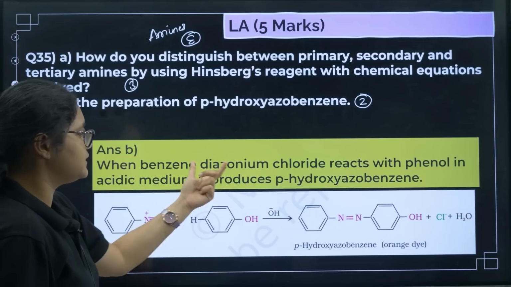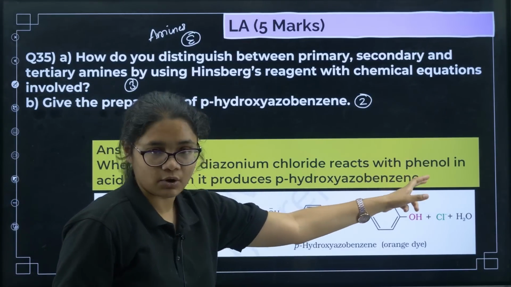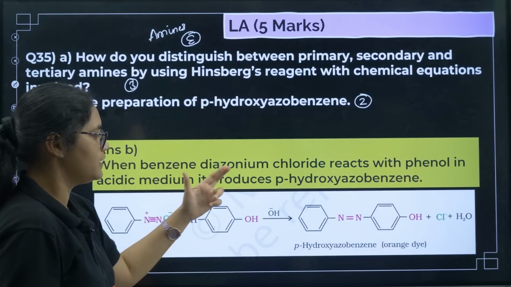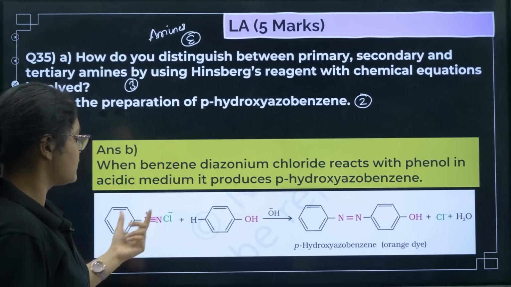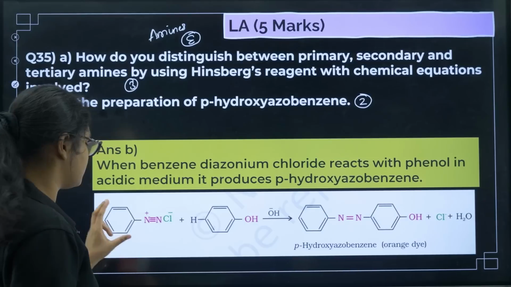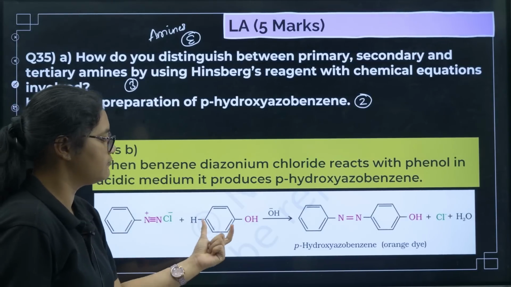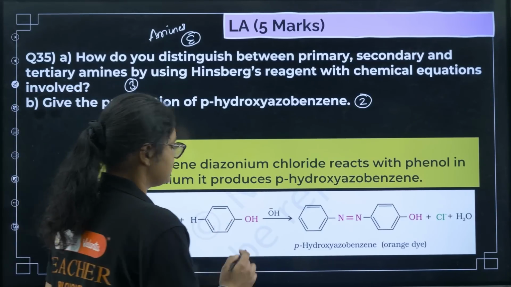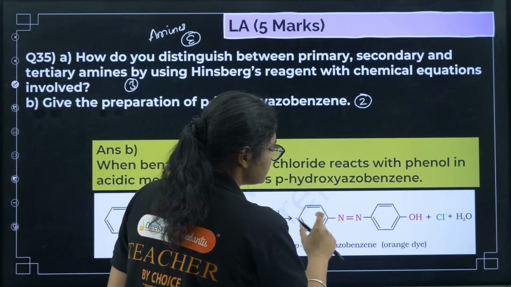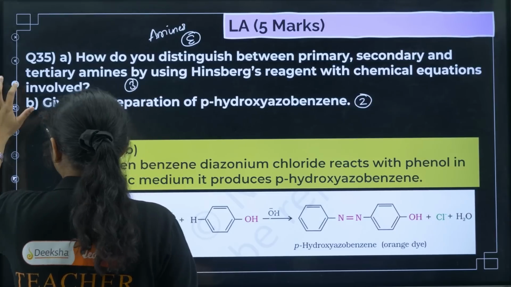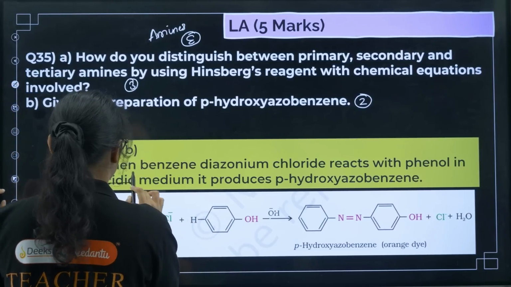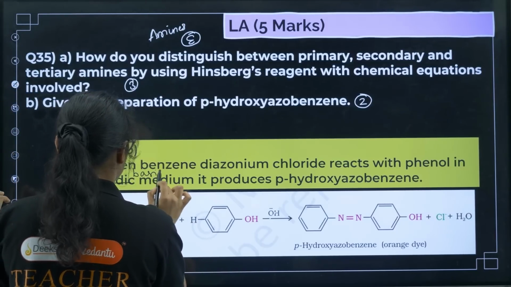So when benzene diazonium chloride reacts with phenol in a slightly acidic medium, it produces para-hydroxyazobenzene. This carries 1 mark, and then you write the reaction where you have taken benzene diazonium chloride and phenol in slightly acidic medium, okay. One second, sorry, this one is actually in slightly basic medium, right?